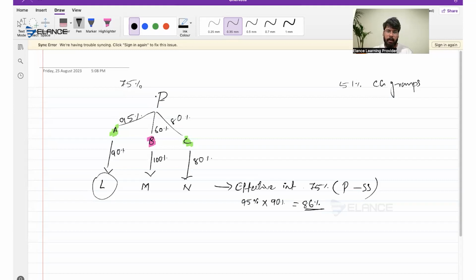Parent of the group should have at least 75% effective interest in the subsidiary company. It is the first criteria. And the second criteria for the subsidiary companies: the parent of the subsidiary should have a direct interest of 75%.